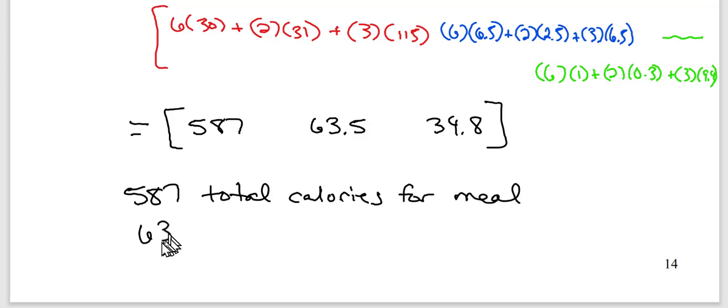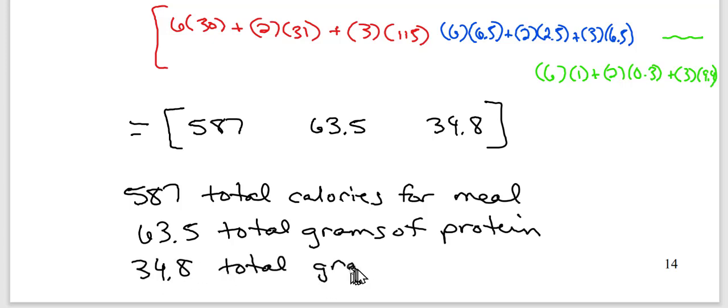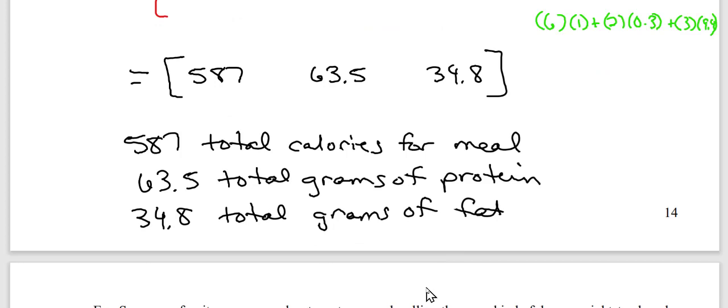The 63.5 would be the total grams of protein for the same reason. And the 34.8 is the total grams of fat for the whole meal. That's our interpretation.